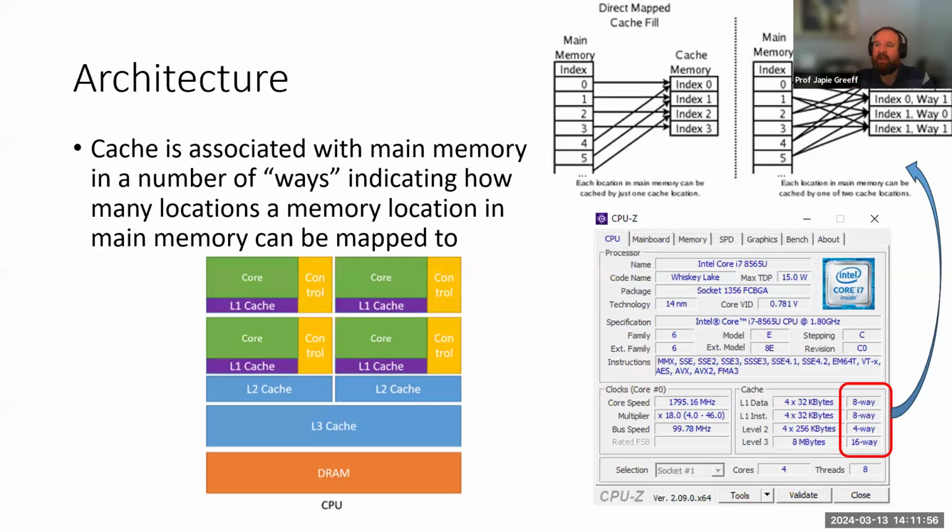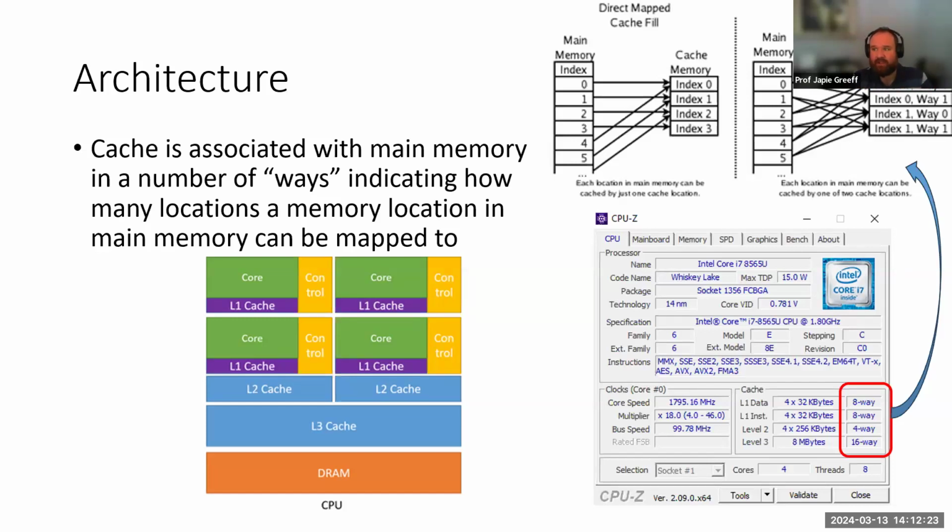So if you have, for example, a one-way cache, which I show in the top left image there, each individual memory location in the main memory can only live in one specific memory location in the cache. So for example, there, index 0 and index 4 can only live at index 0 of the cache memory. So that would be a one-way cache.